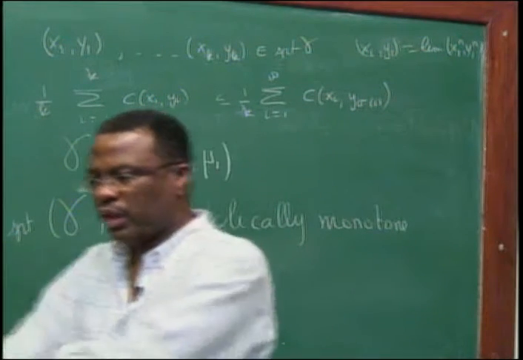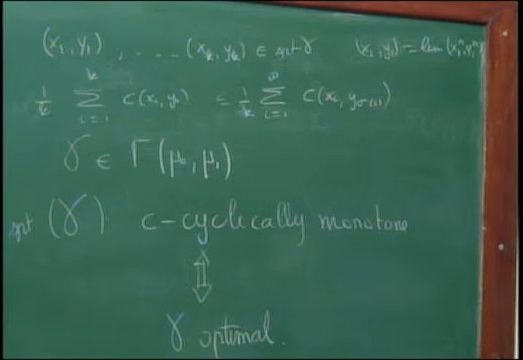Yes. So here is my statement. I forget about mu0 and mu1. You give me gamma, a measure on Rd cross Rd. Assume that it is cyclically monotone in the sense that this inequality is satisfied whenever I pick points in the support of gamma.